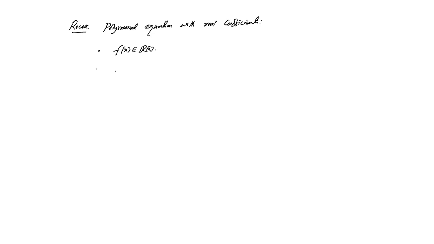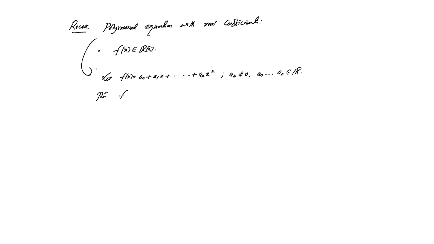So the meaning is: let f(x) equal a0 plus a1x plus dot dot dot plus an x to the power n, where an is non-zero and all a0 to an are real numbers.